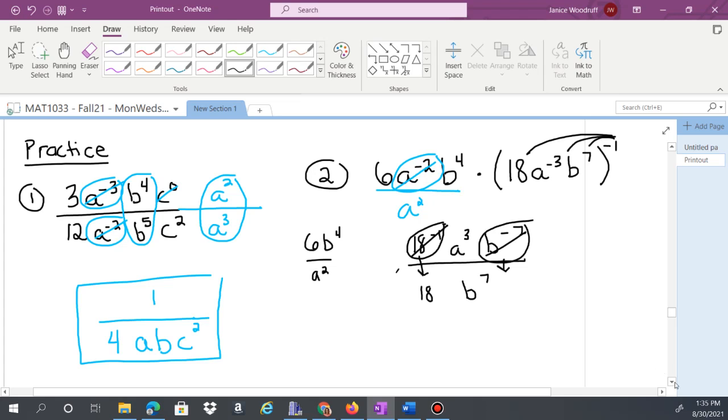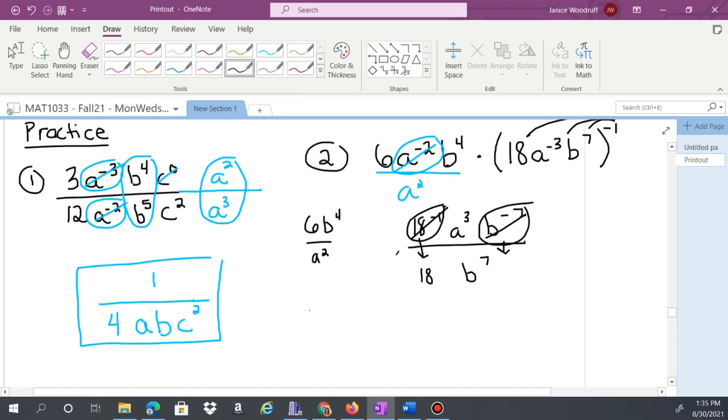So then here's the problem that I'm left with. So I have that 6b to the 4th over a squared times, in the top here, a cubed, and then I have an 18 b to the 7th.